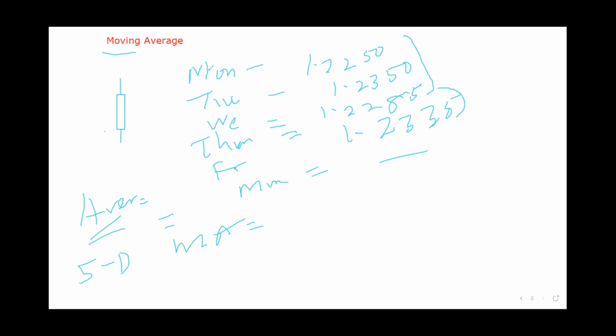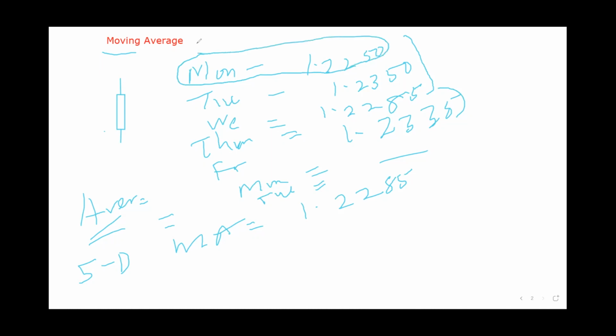So let's say these are the 5 days we are starting with: 1, 2, 3, 4, 5. When you add all of this together and divide by 5, let's say it's 1.2285, for example. Now, when it gets to Tuesday, how do we find the 5-day moving average?